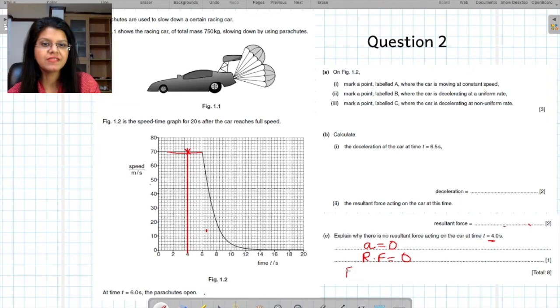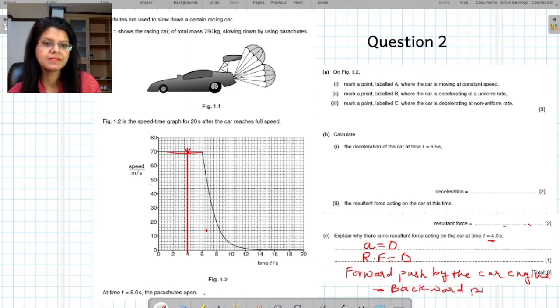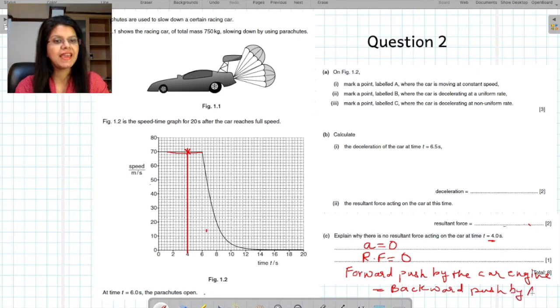Because the forward push by the car engine becomes equal to the backward push by air resistance.